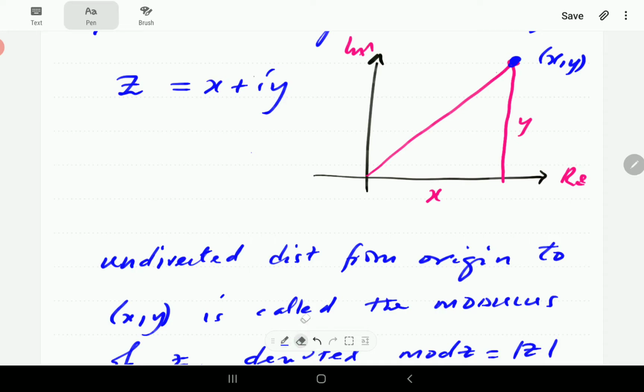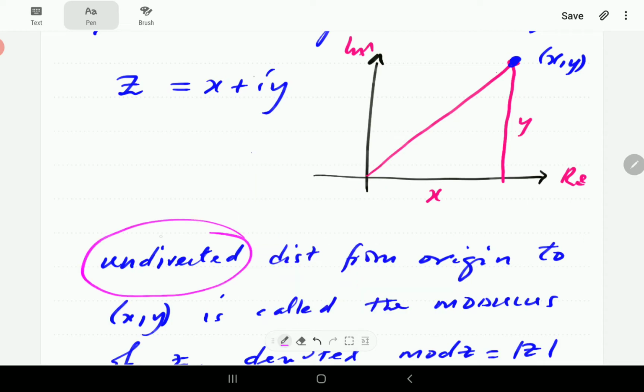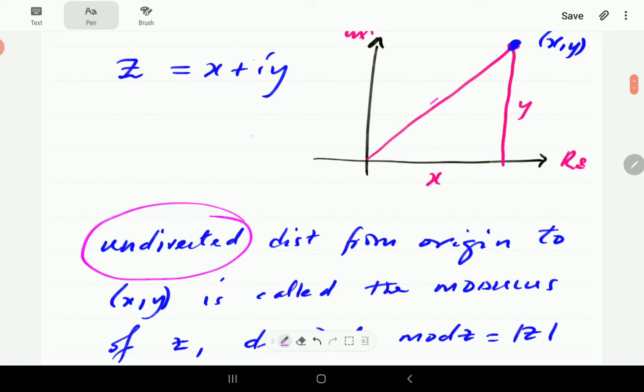Undirected here means that that distance is always going to be positive. Directed is like the distance to the right is positive, distance to the left is negative. Distance upwards is positive, downwards is negative. Those are directed distances. If it's undirected, we're just saying what is the length of this distance without referring to whether we're going upwards, downwards, left or right.